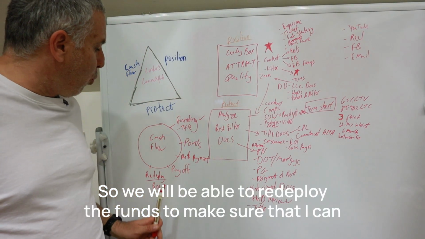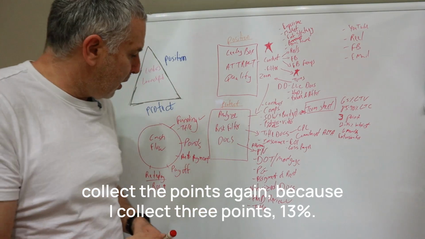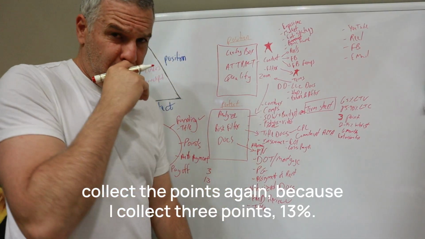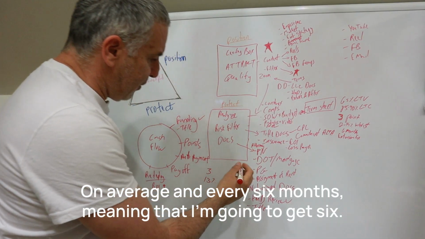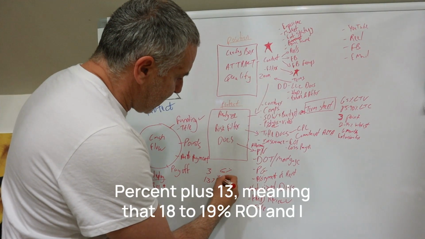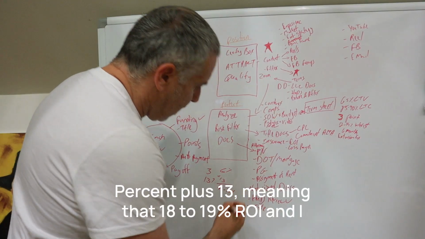So we will be able to redeploy the funds to make sure that I can collect the points again, because I collect 3 points, 13% on average, and every 6 months, meaning that I'm going to get 6% plus 13, meaning 18 to 19% ROI.